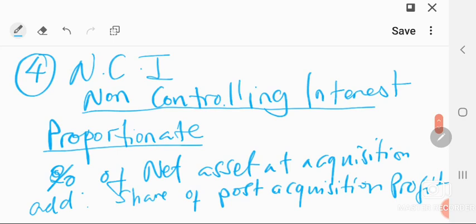Take note of this one, at acquisition. Then you can add the share of your post acquisition profits.